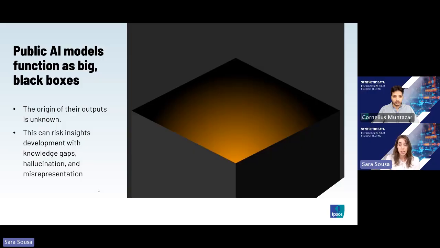These insights can often have significant gaps in knowledge, even hallucinations, or simply misrepresent the audiences or the consumers that we want to serve. It is very important then to remember that the outputs of AI are heavily dependent on the data or the sources that they have been trained on.